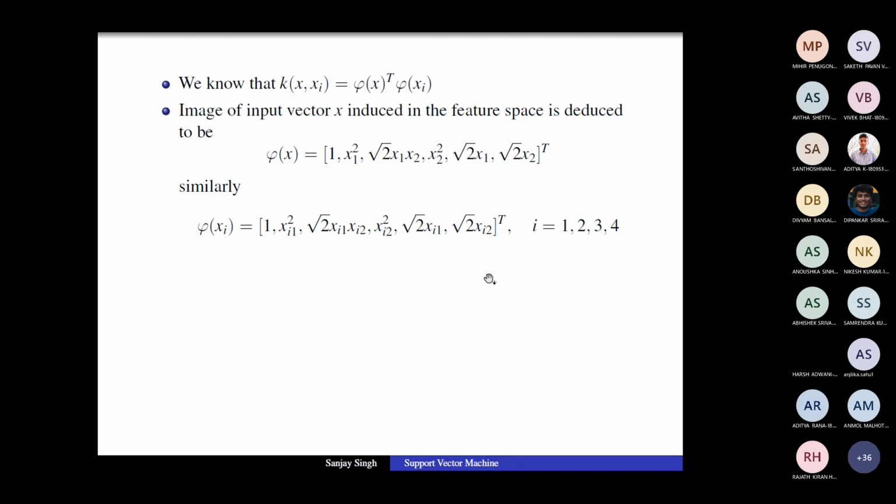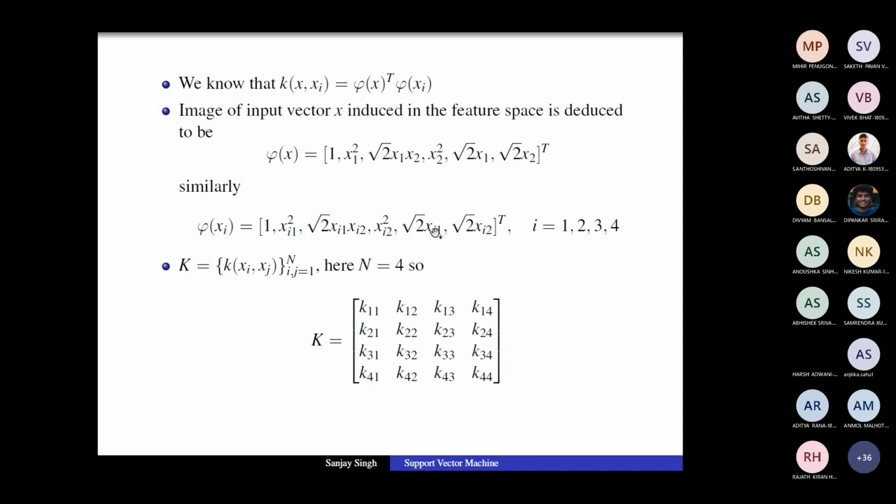And the current XOR classification problem has 4 input combinations. Now when we go for this, we have to compute this kernel matrix. As I told you, the kernel matrix has i, j equal to 1 to n, where n equals 4 in the current problem, because for the XOR problem we have 4 possible combinations.